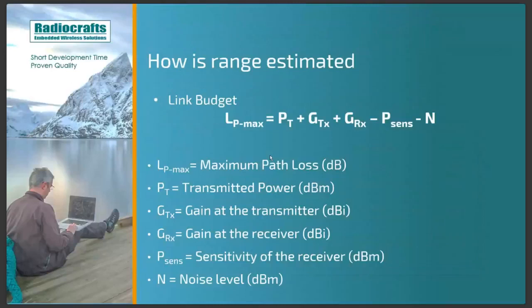Here we see the range is given by the output power at the transmitter, PT, the gain of the transmitter antenna, the gain of the receiver antenna, the sensitivity of the receiver, and the external noise level at the receiver end. This shows the different factors, and we will then discuss how you as a product owner or system owner can affect these to increase your range.